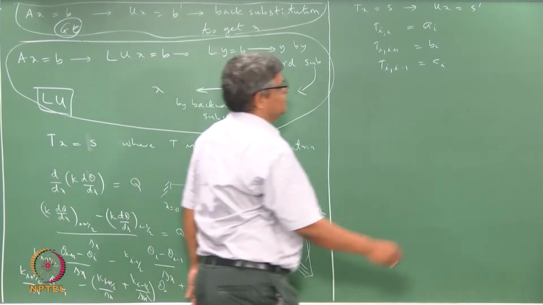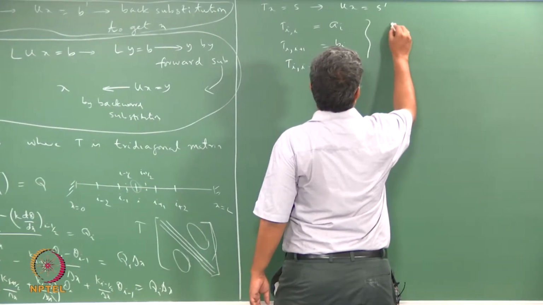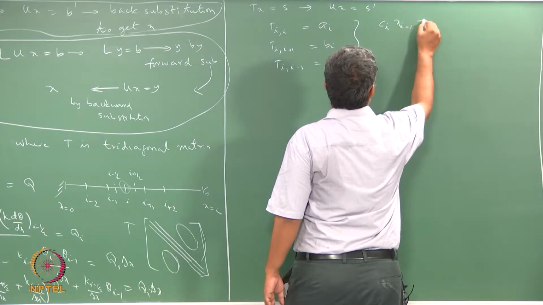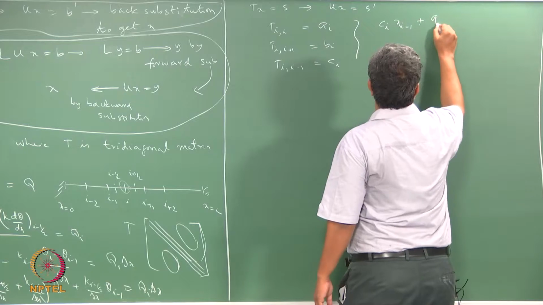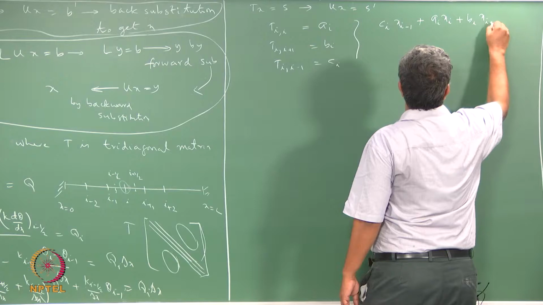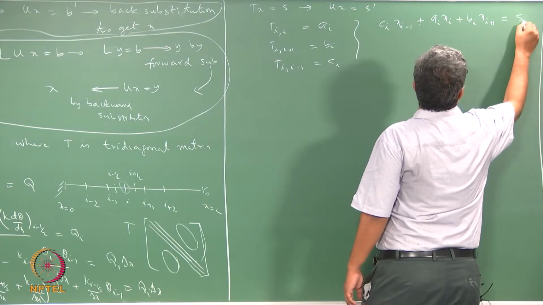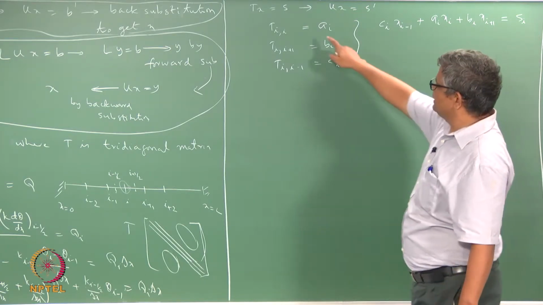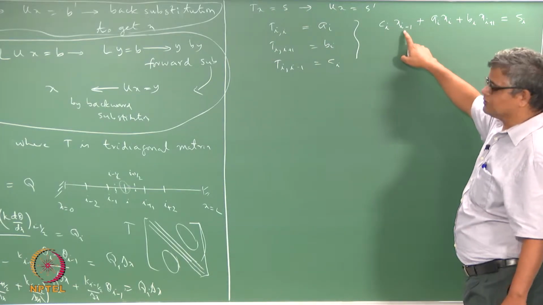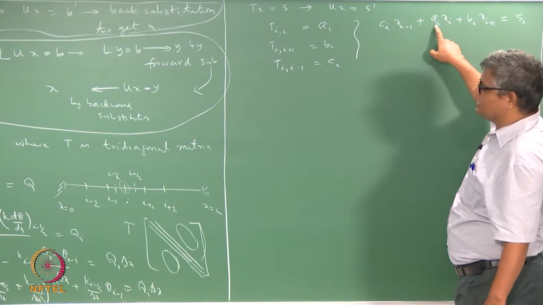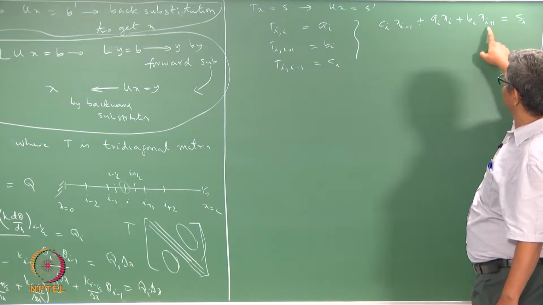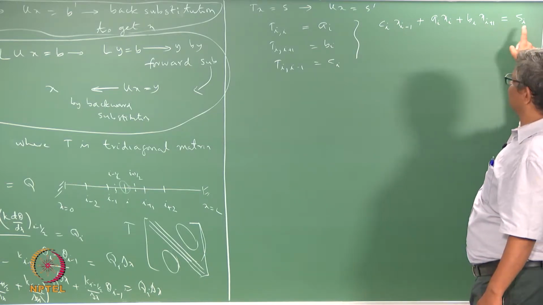The ith equation can be written as C I x I minus 1 plus A I x I plus B I x I plus 1 equal to S I. So, the ith equation in this system is written as a coefficient Ci corresponding to I minus 1, a coefficient Ai corresponding to the ith term, and a coefficient Bi corresponding to the I plus 1th variable, equal to Si.